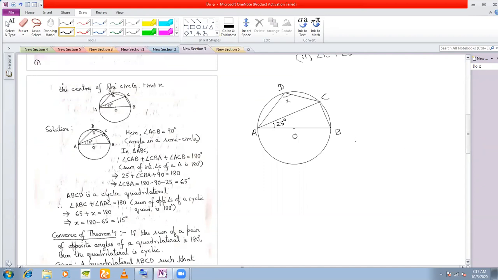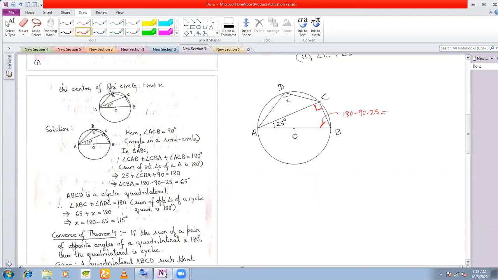So how will you find X? See that AB is the diameter of a circle. So therefore, this angle ACB becomes 90 degree because this is the angle in a semicircle. Okay. Now, once you get this angle, you can find out this angle in this triangle ACB, which is 180 minus 90 minus 25 because sum of interior angles of a triangle is 180 degree.